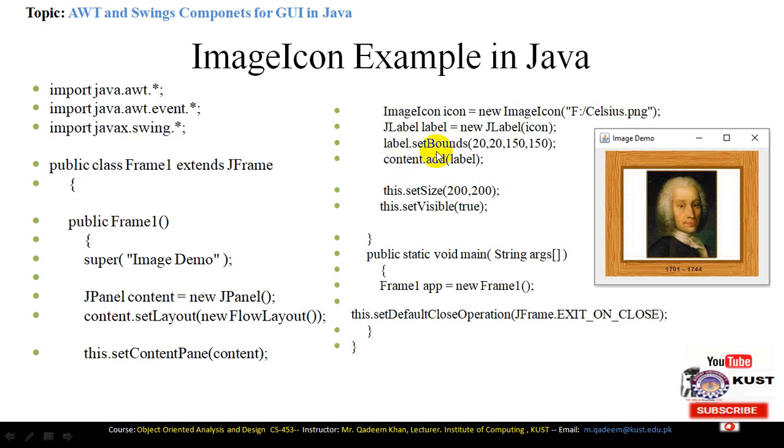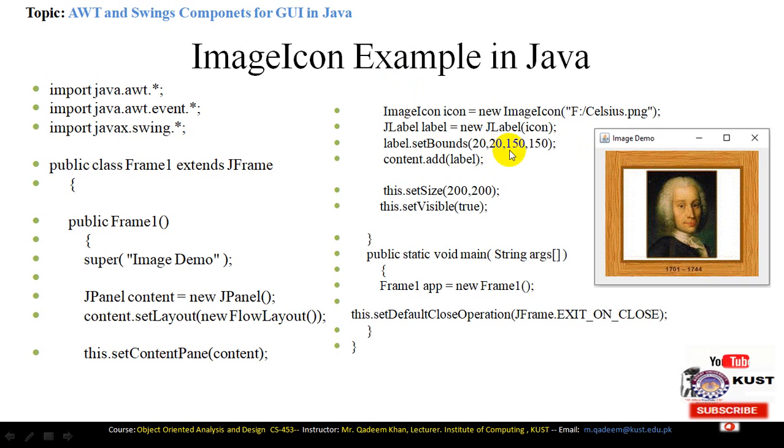Then label.setBounds(20, 20, 150, 150). Here we have defined the bounds, which are the location of the label. It means x1, y1, x2, y2: this is the first point and this is the second point. The first point will be at this position, and the second, 150 comma 150, will be at this position. So the image can be drawn from here up to this point. That defines the full size of the image.